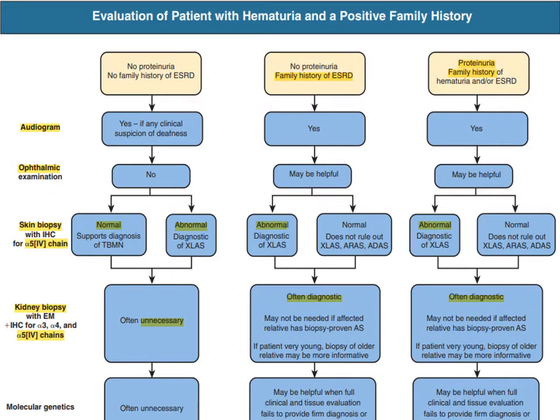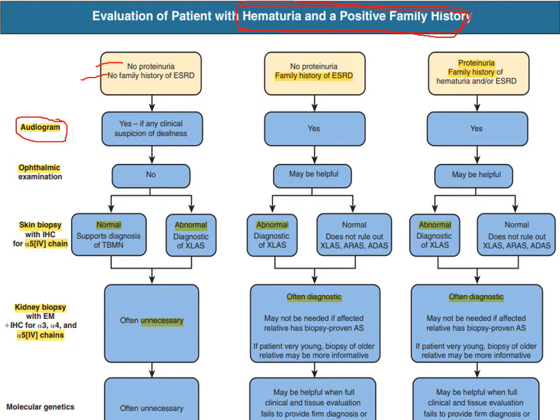Let's talk about how to diagnose Alport syndrome or thin basement membrane disease. What is our diagnostic approach? Usually, the patient presents with hematuria. The first thing is to check if there is proteinuria or a family history of end-stage renal disease. If there is no proteinuria and no family history of end-stage renal disease, the second step is audiogram.